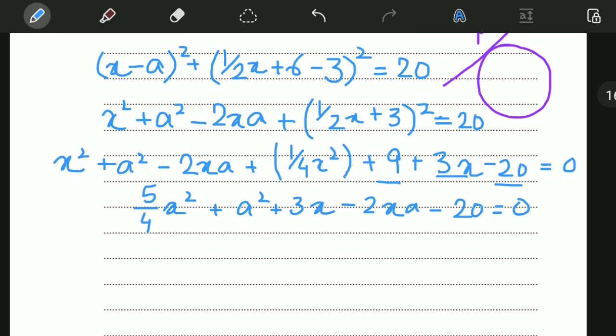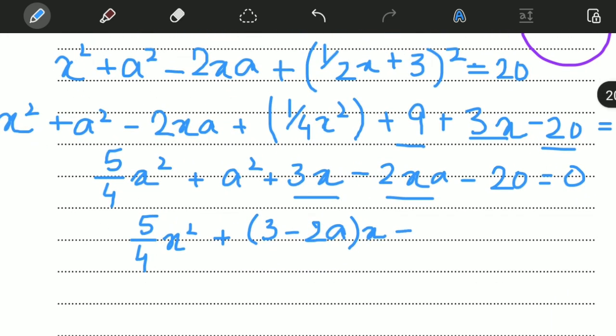So this will be 5 by 4 x square, then the x terms combined, plus 3 minus 2a x, plus a square minus 20 equals 0.